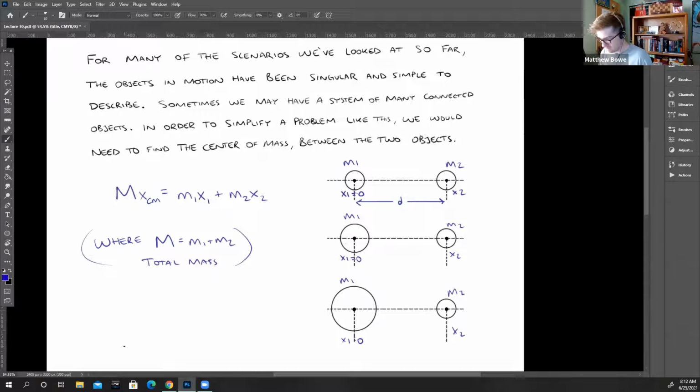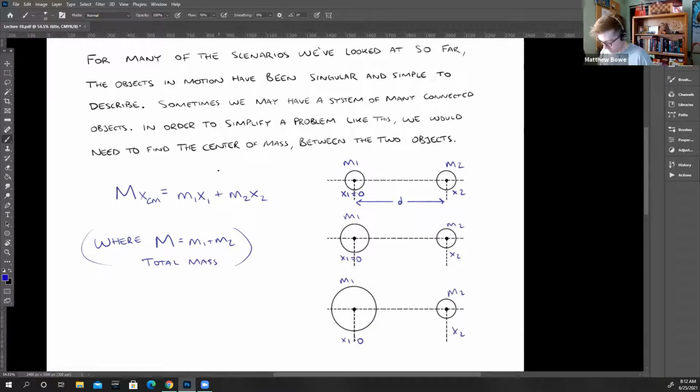I'm going to skip some steps. So you hopefully see, since I'm calling this x1 zero, let me connect these zeros, this first term will go away.